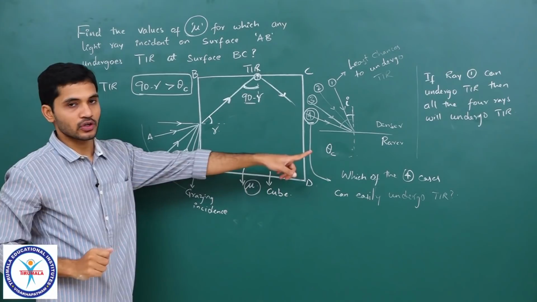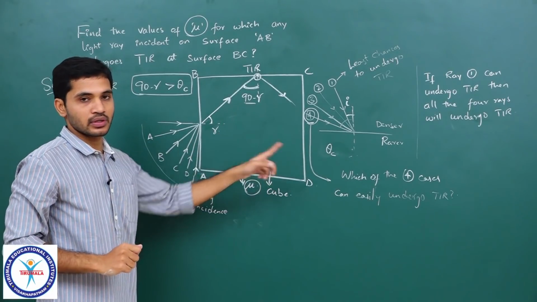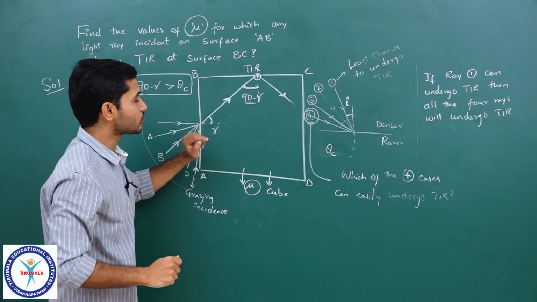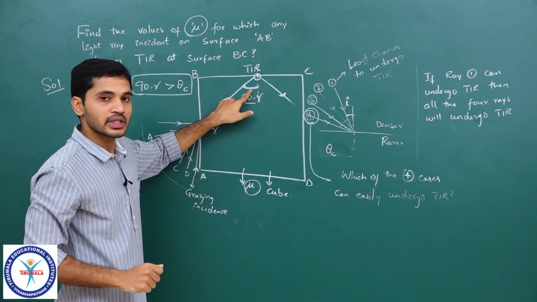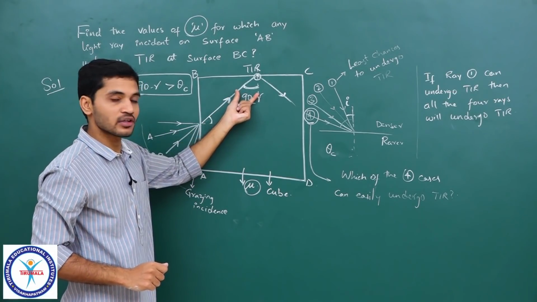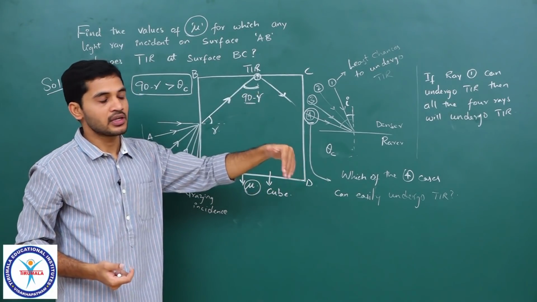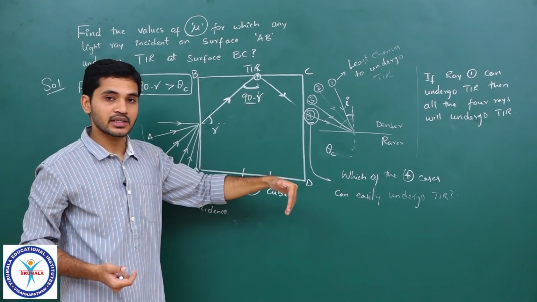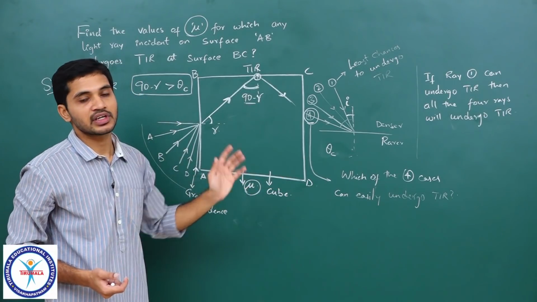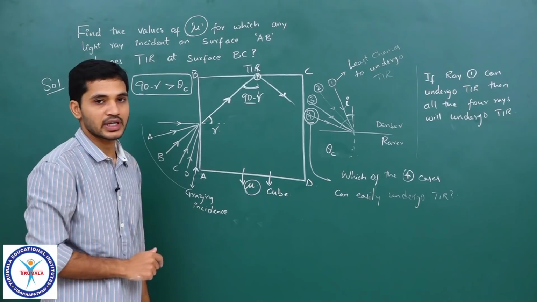I am just using that concept. So, please try to correlate these two. What I am trying to do now is find the light ray which makes the smallest angle of incidence here and make sure that it is getting reflected. If I make sure that that light ray is getting reflected, every other light ray will definitely get reflected. So, that is the concept.